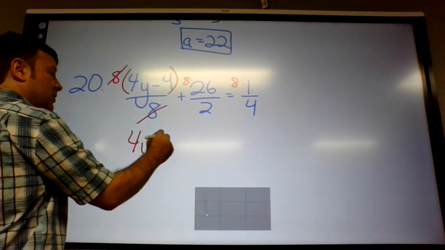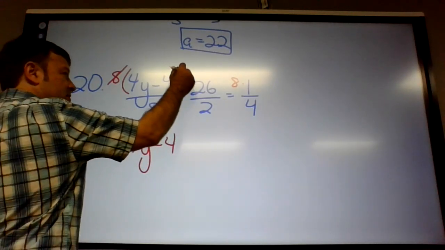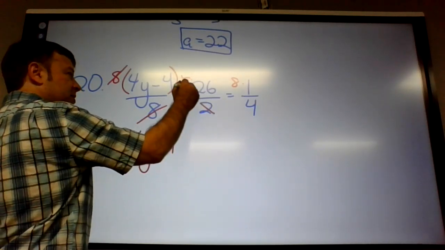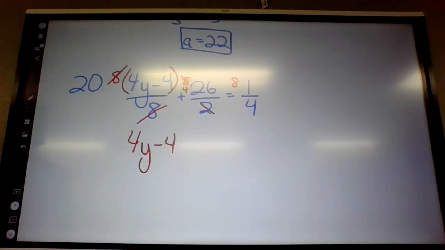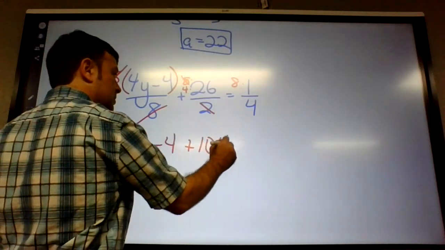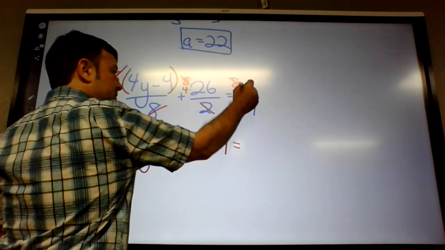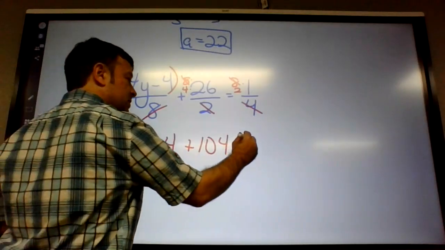So it's just 4y minus 4. And this one, the 8 and the 2 become a 4. 4 times 26 is 104. 8 divided by 4 is 2. 2 times 1.